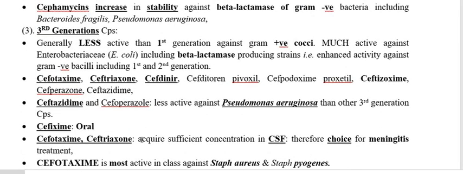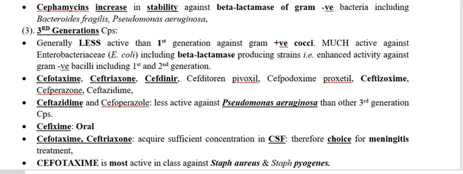So regarding the third generation cephalosporin, there are drugs to be used under the third generation. Before going through them, I again mention that their antibacterial activity against gram negative bacteria is increased compared to the first and second generation.